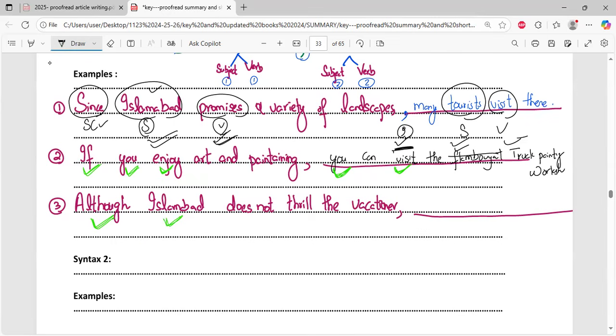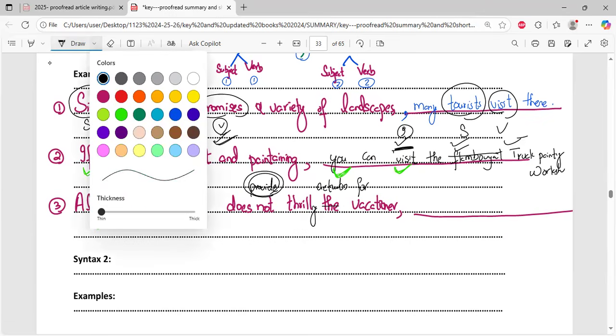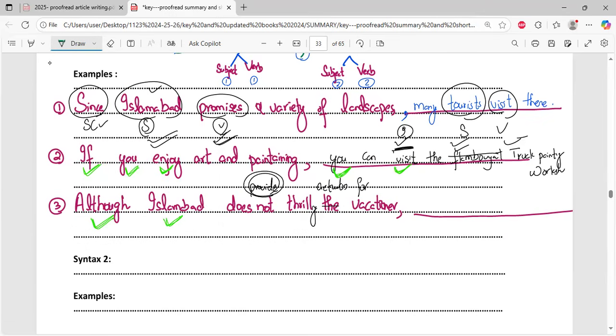Don't depend on helping verbs like is, are, was, were. Write proper action verbs. For example, although Islamabad does not provide thrilling activities for vacationers. Now I have a proper verb, provide. Okay. Although Islamabad does not provide thrilling activities for vacationers, why do they still go?